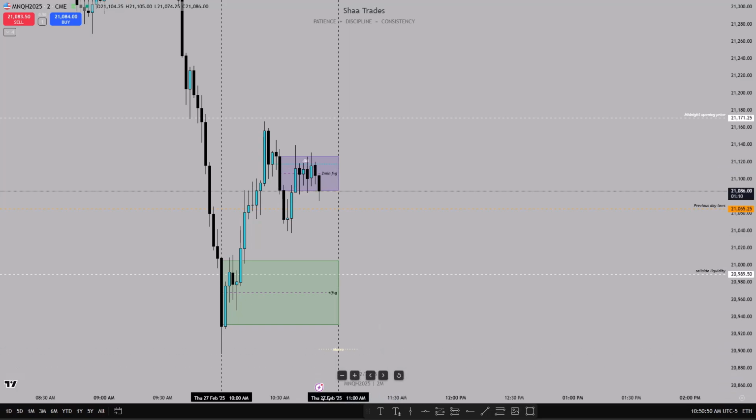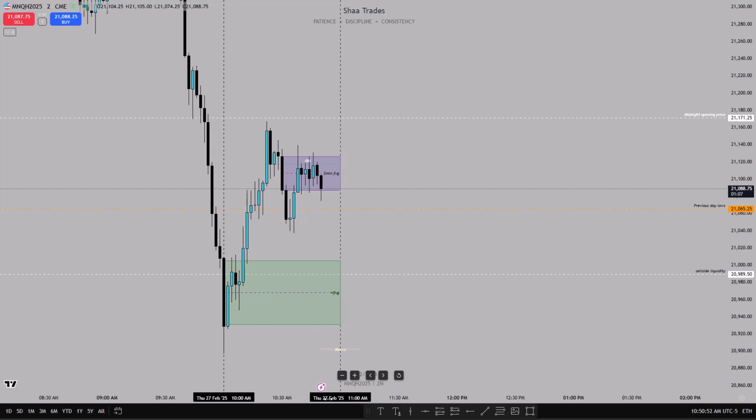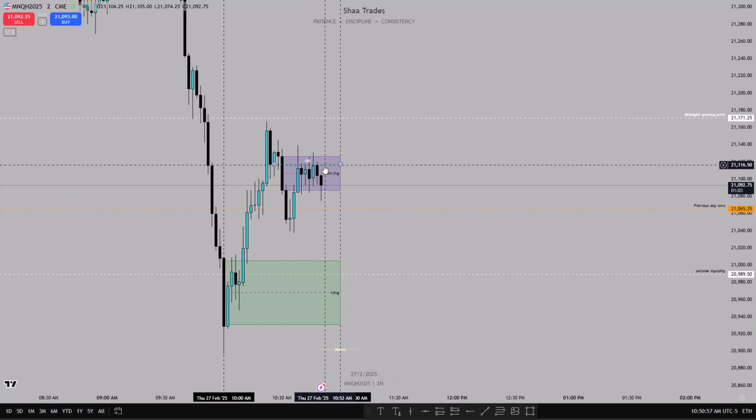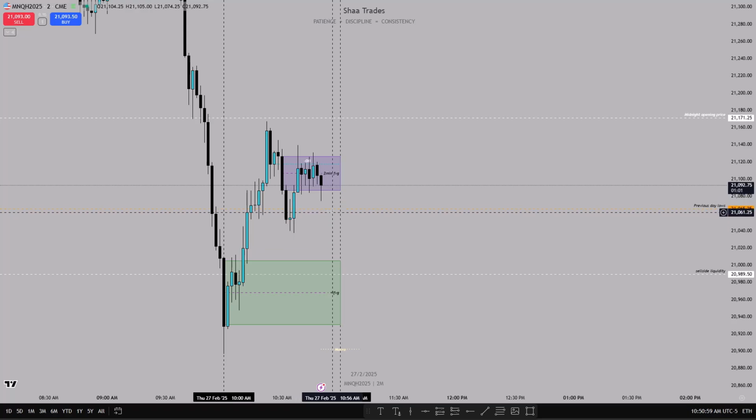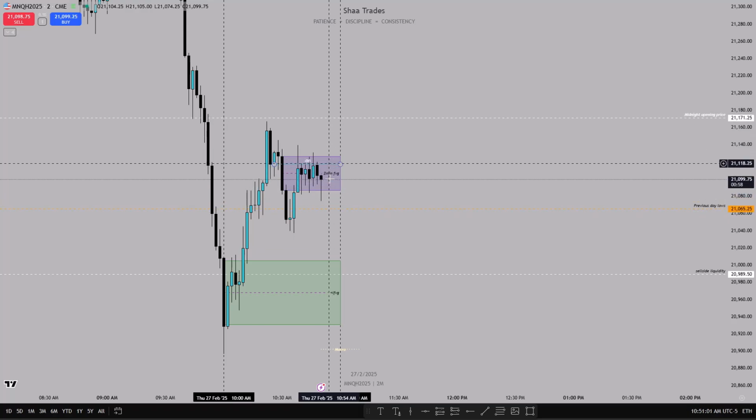That's what I like about ICT's models, his concepts, because when one person is making money here, another person could be making money going higher.